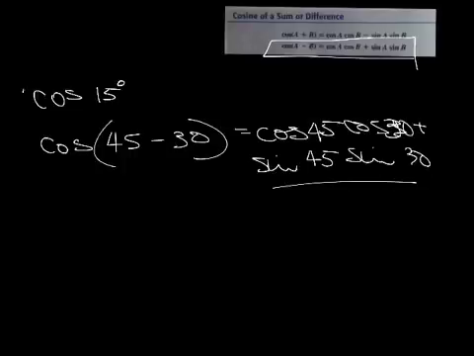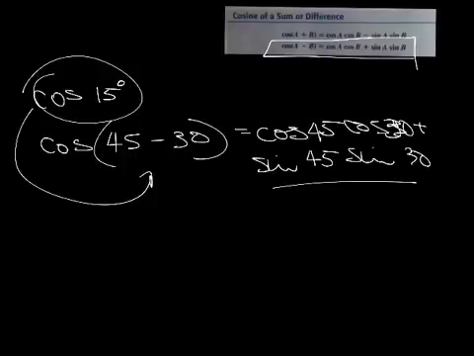So if we want to find the cosine of 15 degrees, we rewrite it like this, because hopefully you kind of remember, or you have a table of the cosine of 45 and 30, and it'll make it real easy. So let's make this all a little bit smaller so that we can follow what we're doing here. Alright, so the cosine of 15 degrees is equal to the cosine of 45 minus 30.